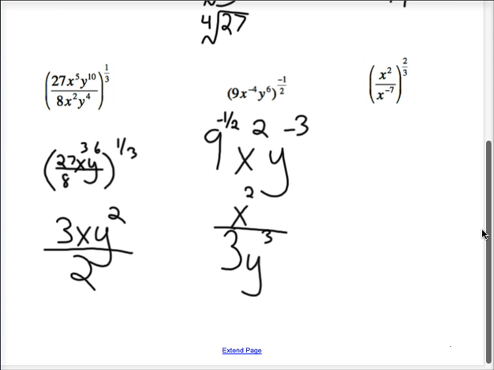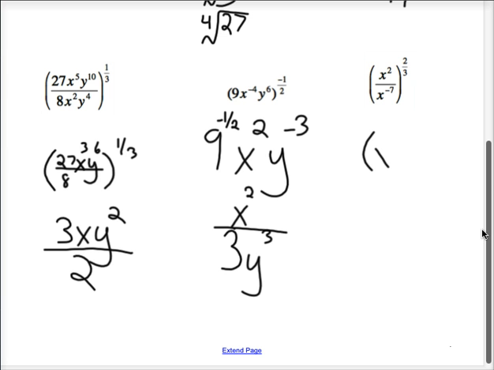And our last example for the day. So again, the first thing we want to do is simplify parentheses. So the x squared divided by x to the negative 7, we can actually do that first. So remember, division means subtraction. 2 minus negative 7. Well, minusing a negative 7, remember that basically means you're adding 7.